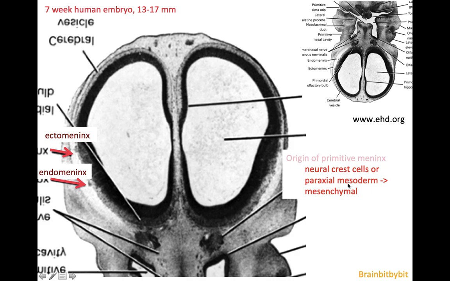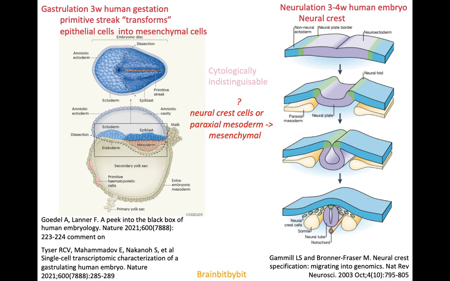That is because neural crest cells and mesoderm mesenchymal cells are cytologically indistinguishable, and that is because these cells arise in the same region just a few days apart. So the cells are not twins, but they are siblings.